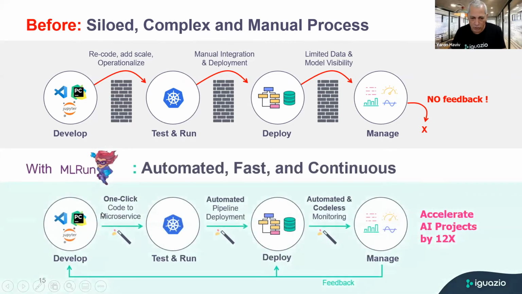In MLRun, it's all automated. So when you build your code, with one click or one API call, you move it into a microservice, a fully managed microservice. This microservice is also a component in a bigger picture. So you can just take a canvas and build those individual steps into a pipeline and deploy the pipeline as a whole. All those different functions in MLRun are essentially auto-monitoring.